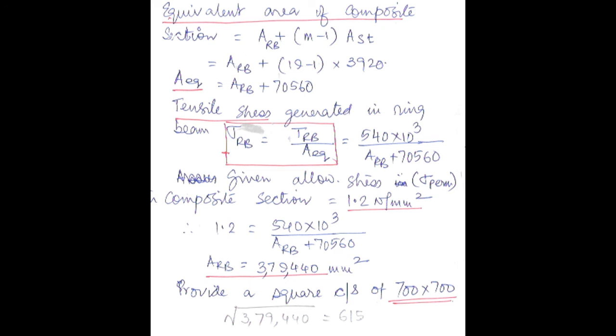Now, tensile stress generated in the ring beam is sigma RB equal to TRB by AEQ. Again, stress is the force divided by the area. So that gives us the value of 540 kilonewton, so please convert it, 540 into 10 cube. AEQ, what is the expression we have got? ARB plus 70560, correct?